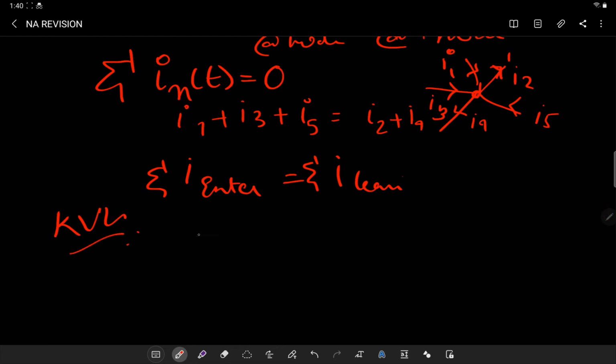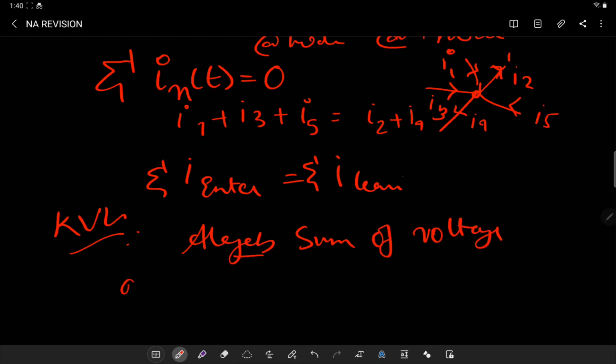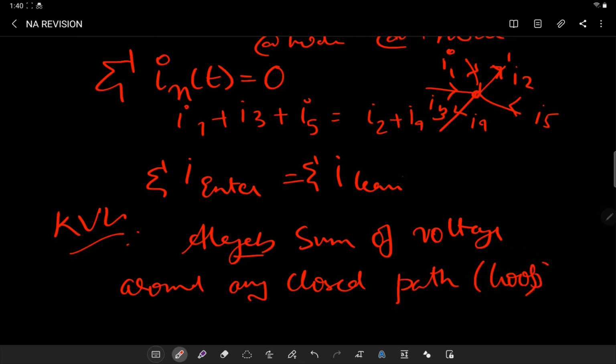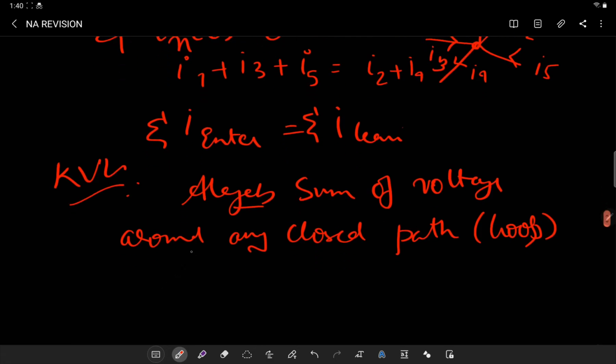In this, the algebraic sum of voltages around any closed path within a loop or a network is 0.